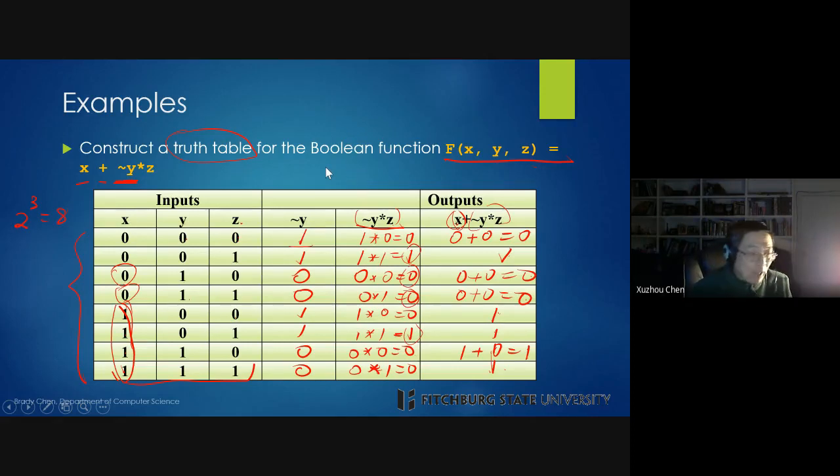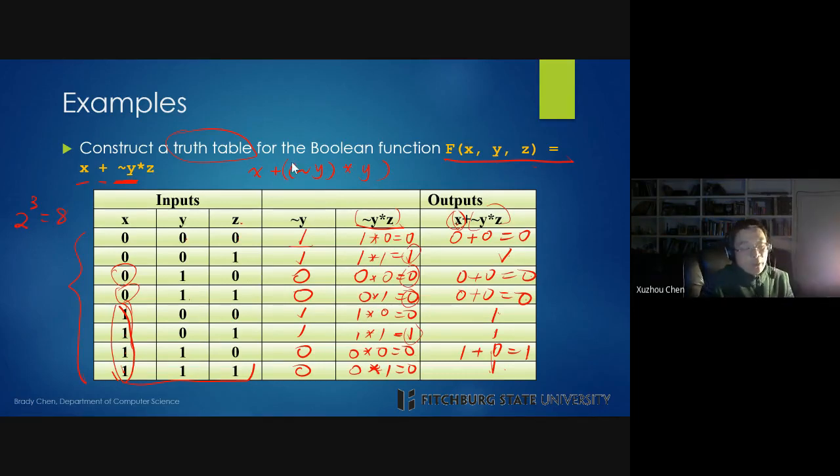Now, when you write any Boolean function or Boolean expression, in this particular case you know the precedence of the operators, but if you want to make it clear, you can always use parentheses to make it less confusing. For example, you can write something like x plus, and then put the second part in parentheses.